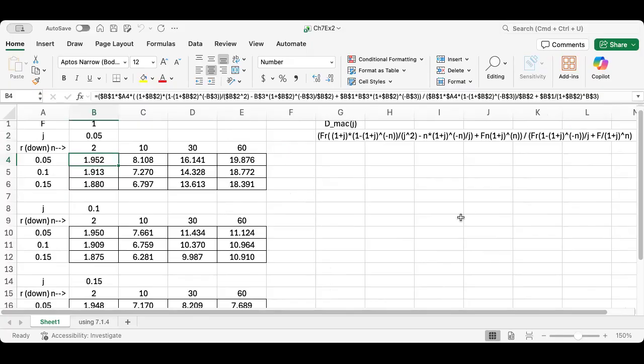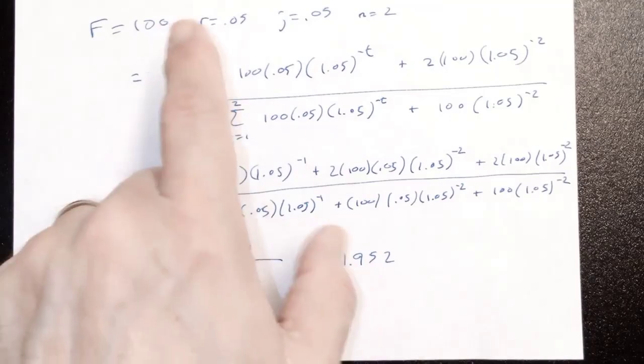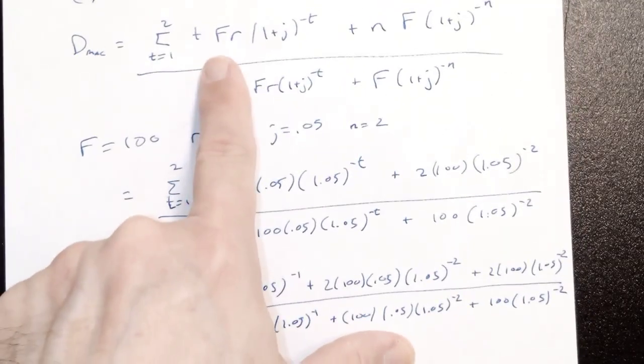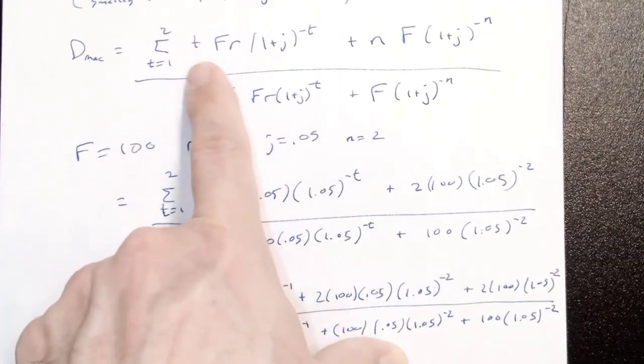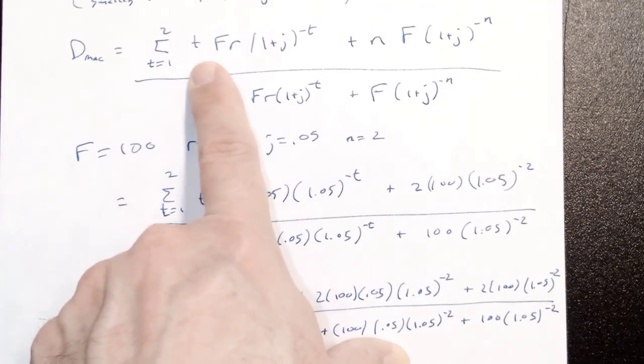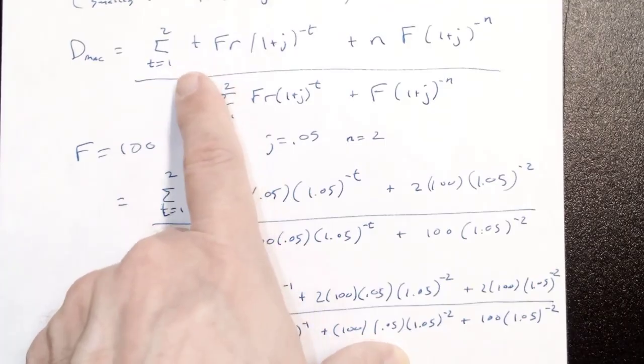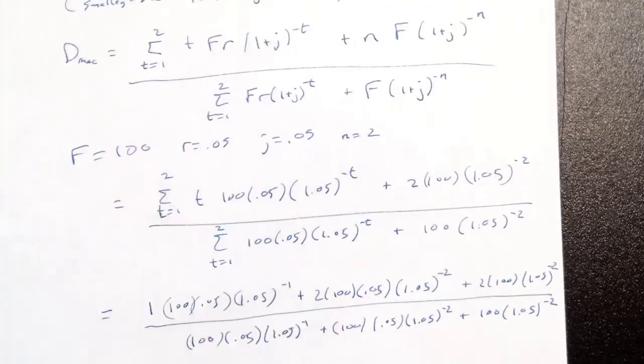Yikes. Now, again, what we've really got here in this part of the formula, let's look at this for a minute. This is an increasing annuity, isn't it? This is the sequence of payments, FR, and it's going up by T each year.